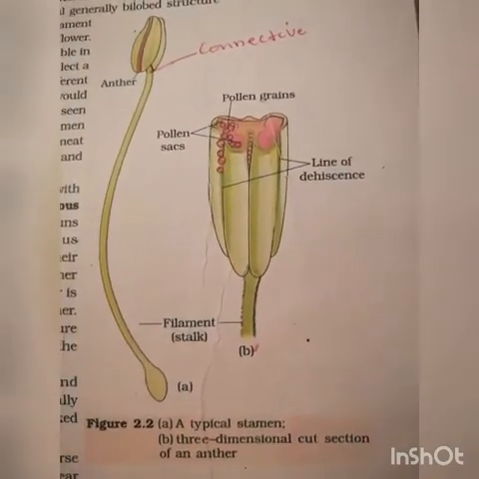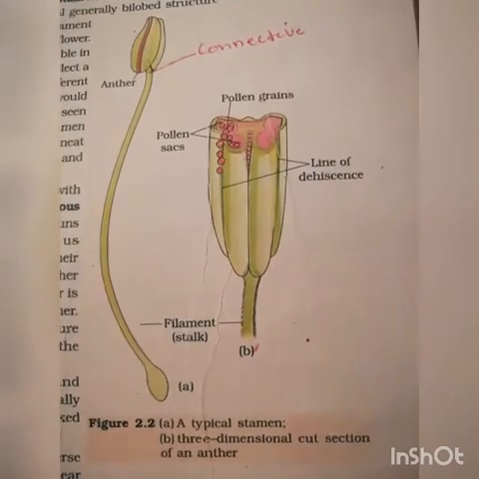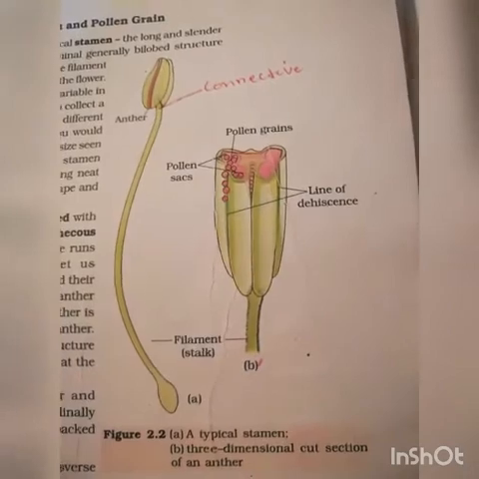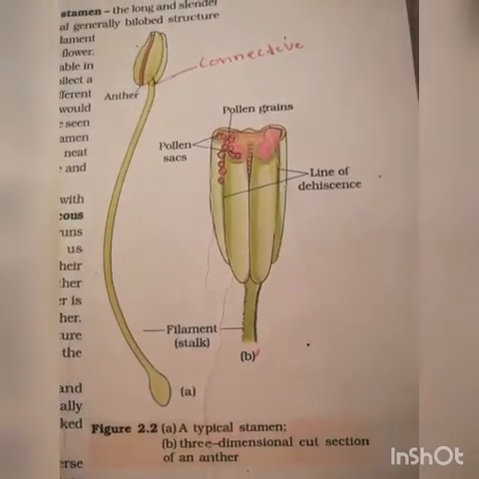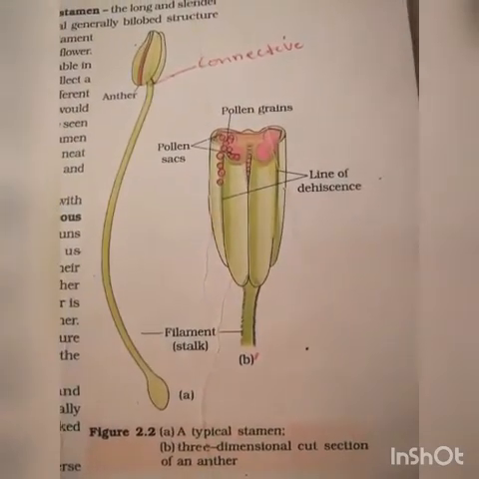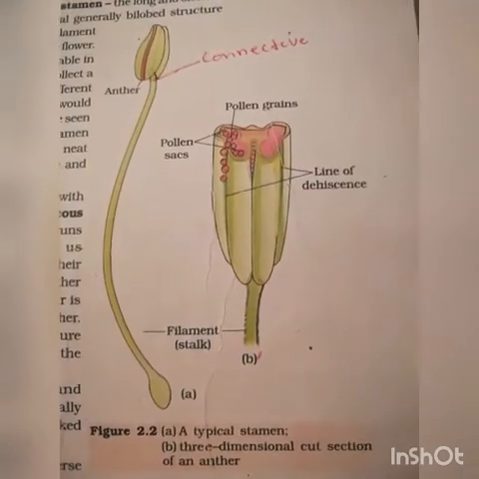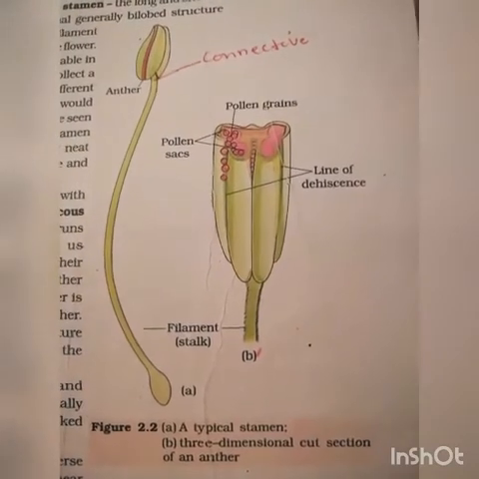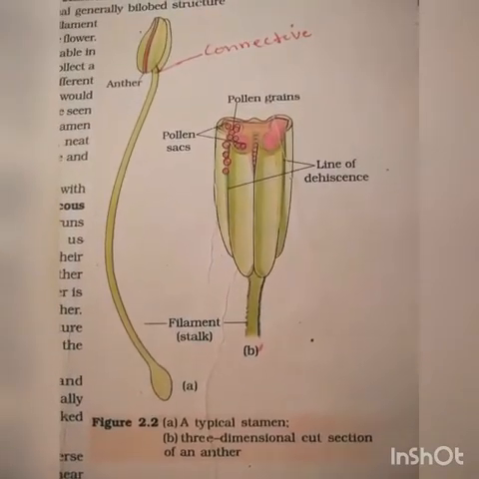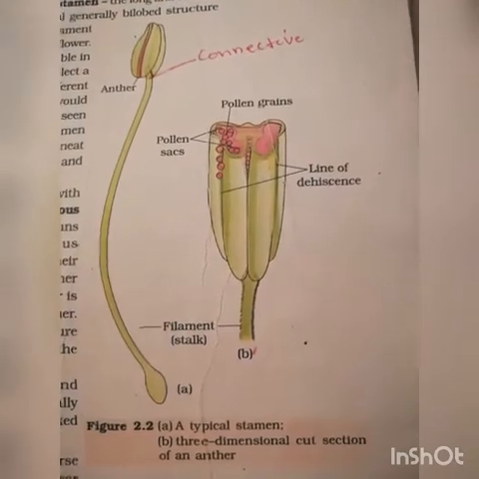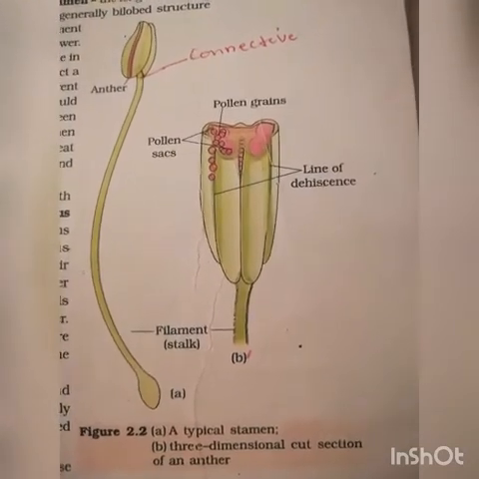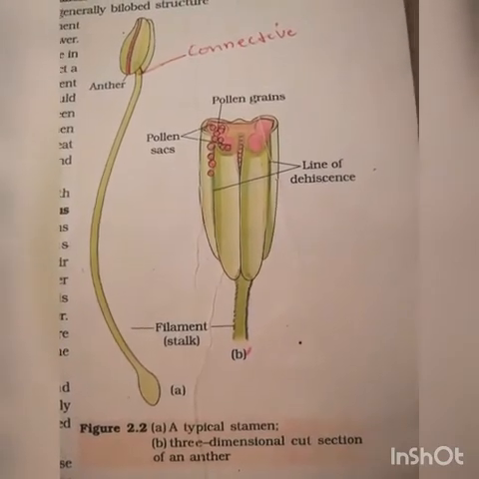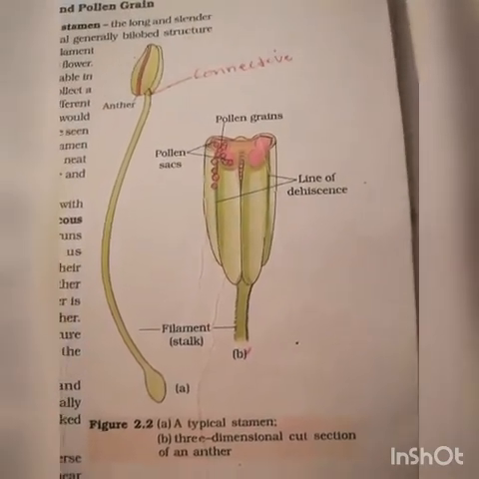This male reproductive part, that is androecium or stamen, has three parts: anther, connective and filament. Anther is generally bilobed and tetrachambered, meaning there are two lobes and four chambers when we cut an anther.